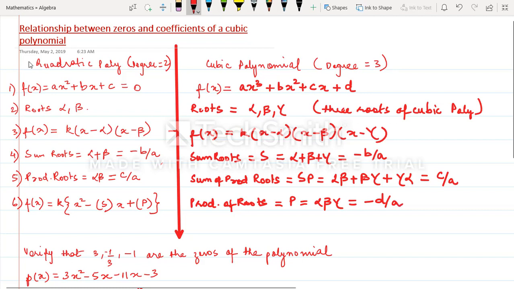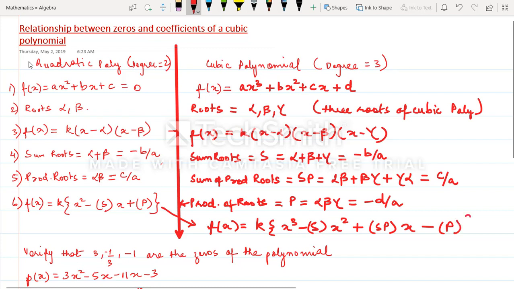And lastly, the general form, which is this part. So this is something new. This part becomes f of x is equal to k times x cubed minus sum into x squared plus sum of product of roots into x minus product of roots.